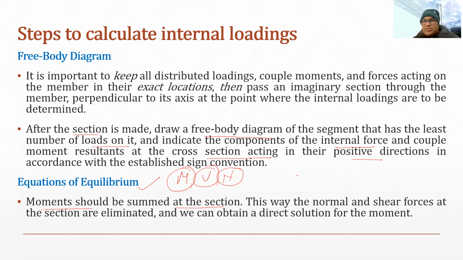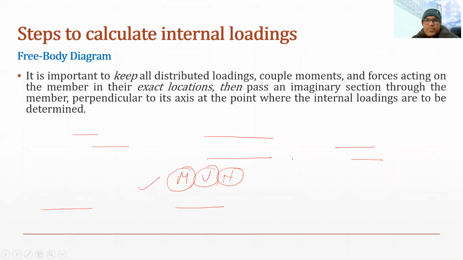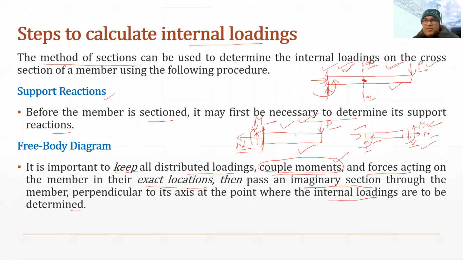Now why am I telling you this again? Here, if we consider the right hand side part, we will take moment at this point where we have cut the section. Why are we taking moment at this point?